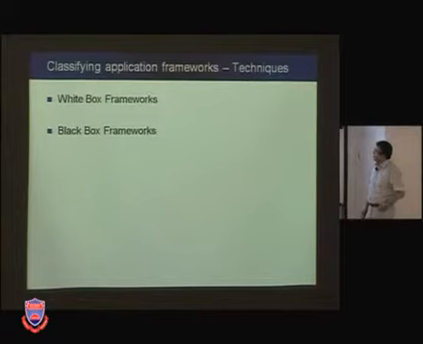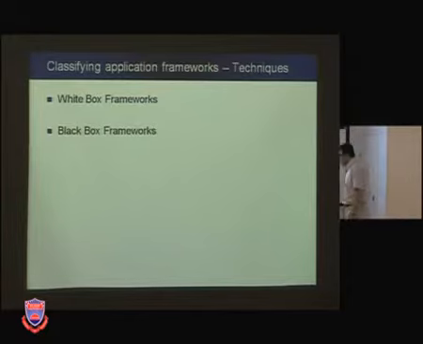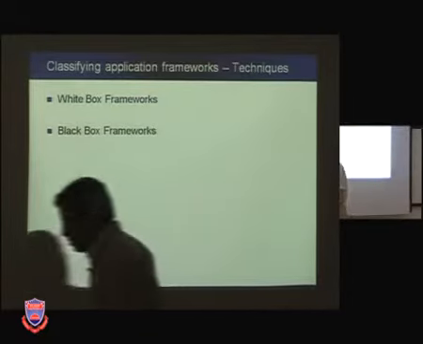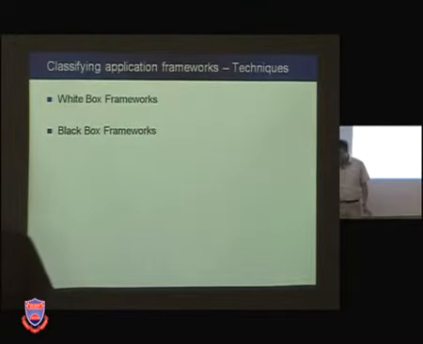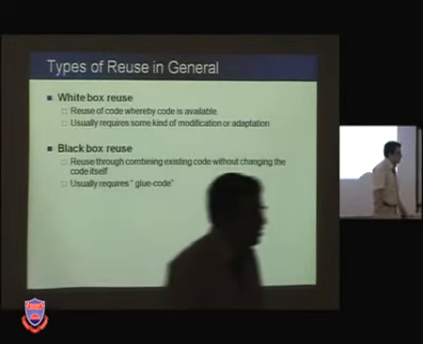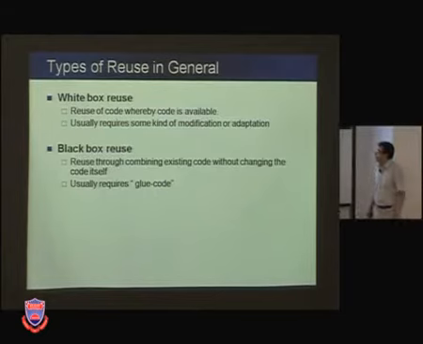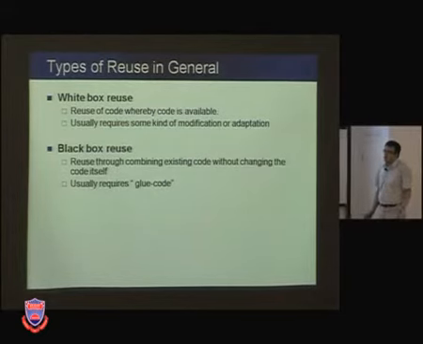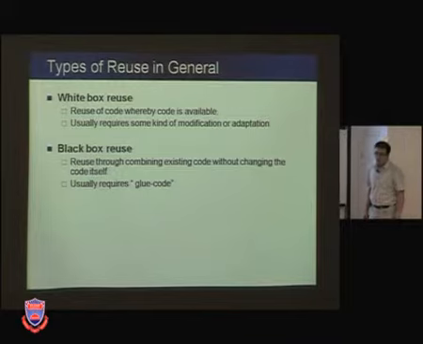We can classify application frameworks further based on the techniques that are used. We can distinguish between two types of frameworks, the white box and the black box frameworks. White box refers to white box reuse, where we can look into the code, analyze it, and based on the code we can extend and adapt it.